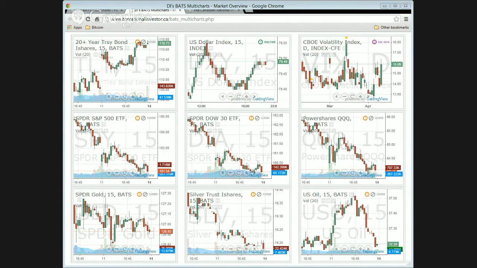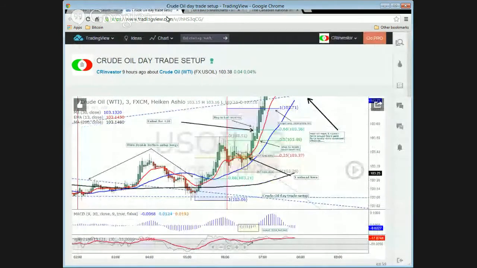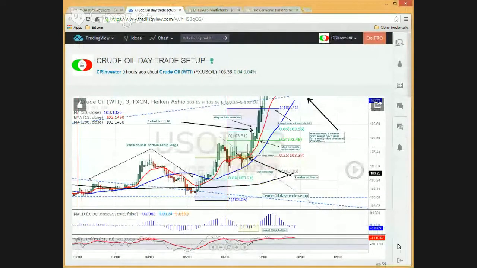So I've been running the bot on crude oil lately, and it's been doing very, very well. The problem with a guy like me is that I am very mechanical in my trade setups, and I need to be mechanical, or else it leads to anxiety.